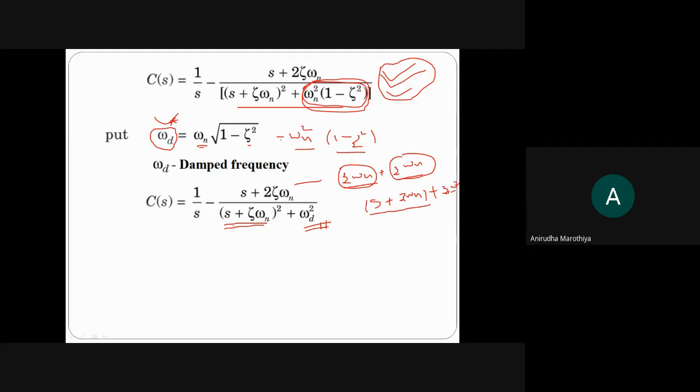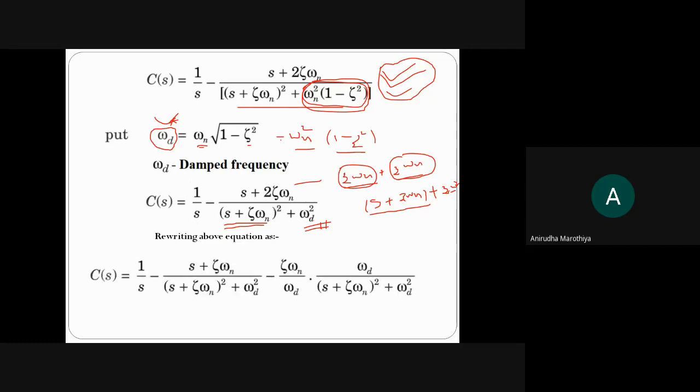Now what we need to do is split this particular function and arrange the parts so that they are easily accepted by our standard Laplace inverse formula. So by rewriting the above expression, we obtain this equation as an output. How did I write the equation? The same logic applied here.